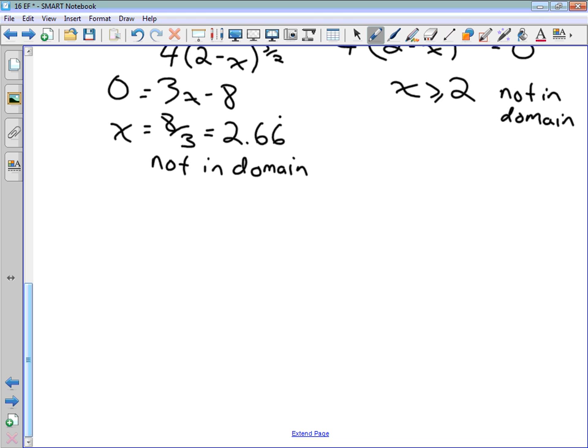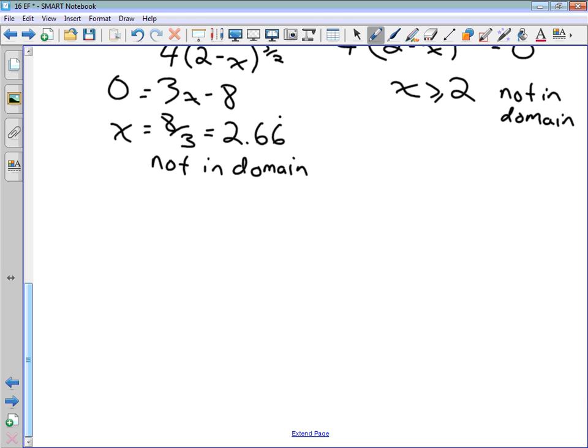If I tried to put the point x equals 2 in my concavity table, I would use it to define the separation between two intervals. It can't separate two intervals because the domain ends there, so there's no interval on the other side of it. So even if this is a critical point, there's no interval on the right-hand side of it, so really, we can kind of ignore it.